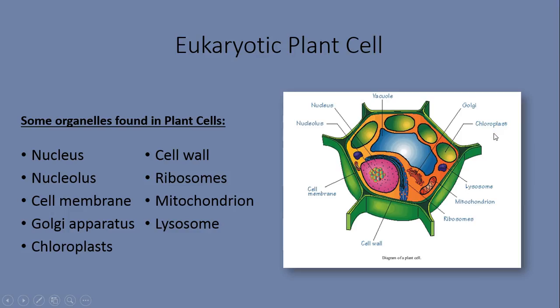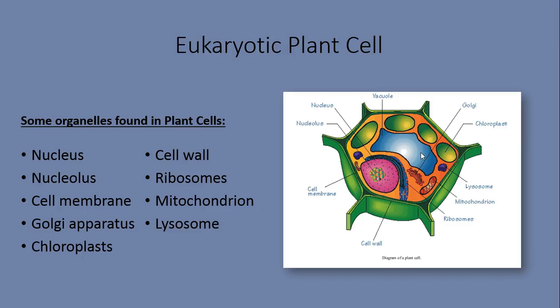The chloroplasts are only found in eukaryotic plant cells. You will not find chloroplasts in an animal cell. This large vacuole is also specific to a eukaryotic plant cell. Although animal cells do have smaller vacuoles that are sometimes referred to as vesicles, the plant cell has a large one, whereas the animal cell has small ones.